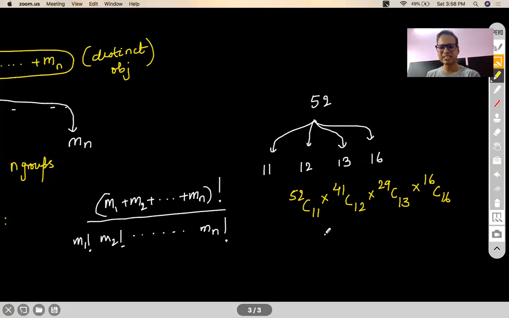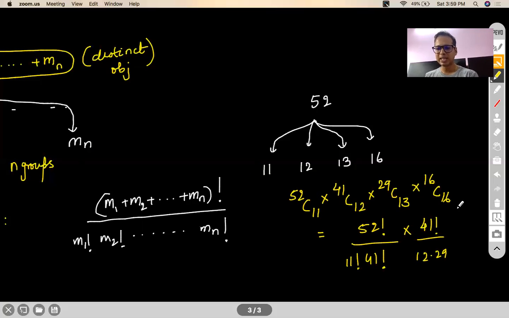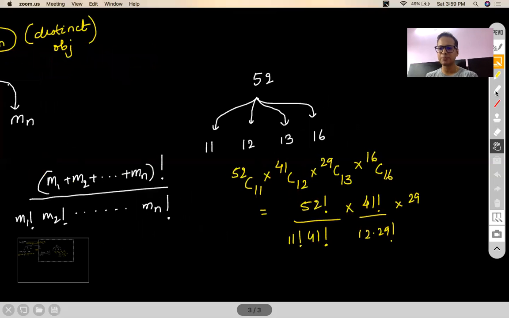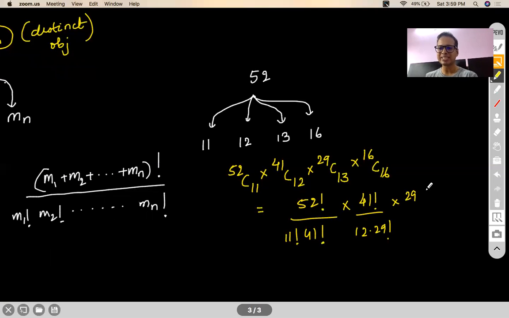If you simplify this, you will see 52 factorial. In fact, let me do it for you so that you understand it. This will be 52 factorial by 11 factorial, 41 factorial. 41C12 is 41 factorial by 12 factorial, 29 factorial. 29C13 will be 29 factorial by 16 factorial, 13 factorial.